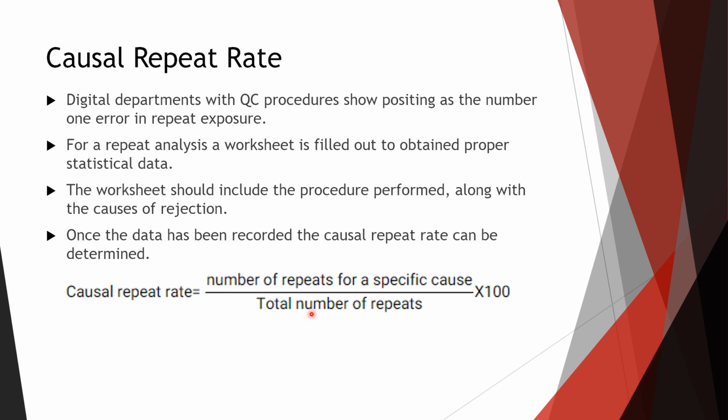So if there's 100 repeats and 10 of the repeats were for earrings being left in, that would be a 10% causal rate for earrings being left in. For positioning, it might be maybe 60%. Most of the time their positioning's off. They weren't turned enough, this and that, right?